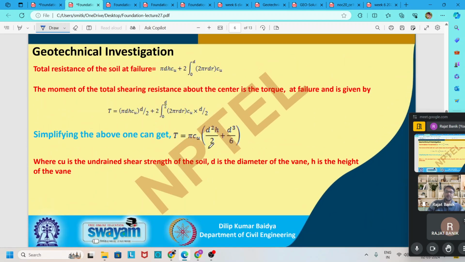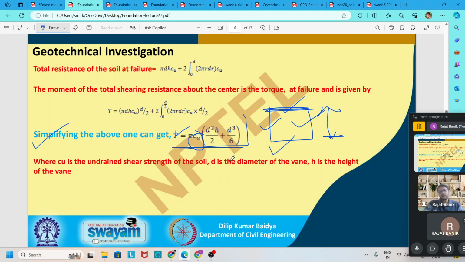Here one formula is given, which is torque T equals pi Cu, that is the undrained cohesion, into d square h by 2 plus d cube by 6. And this formula is for when we use all sides of the blade, that is this side, this side, this side, and also this side. And d is nothing but the diameter of this vane test equipment, and h is the height of this blade.